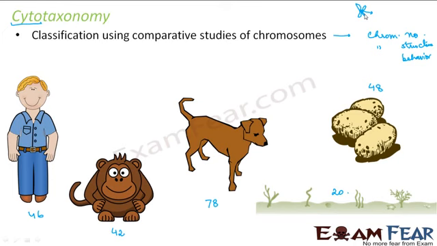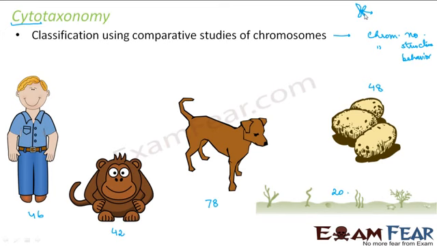When I talk about the chromosome behavior, I am talking about the meiotic behavior or the mitotic behavior, because there are different types of cell division that can happen, mitosis or meiosis. So based on all these things related to chromosomes also, we can classify different types of organisms.